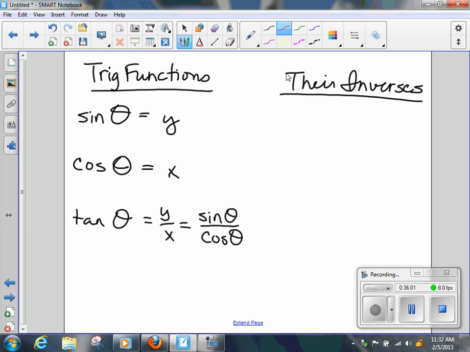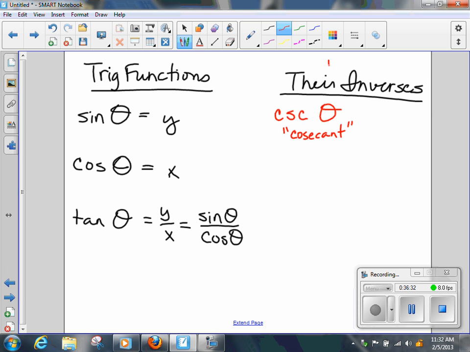Okay? Their inverse of sine, we're not going to call it sine to the negative 1 power. You call it CSC. That's how we abbreviate it. CSC of theta. CSC stands for cosecant. Okay?